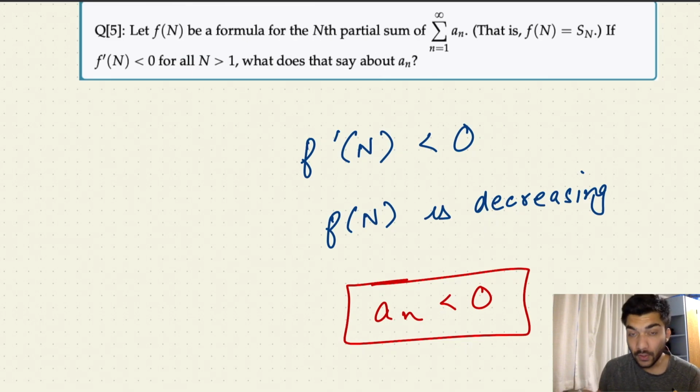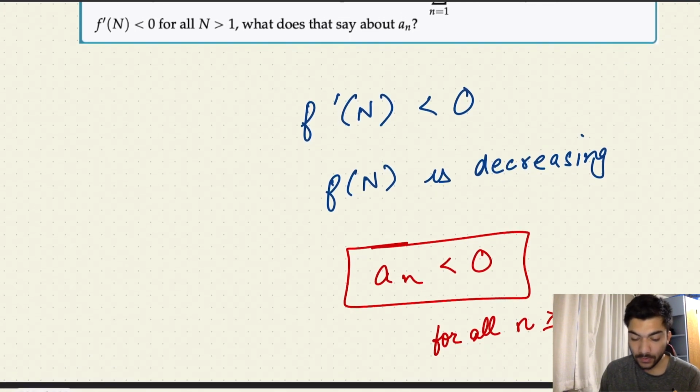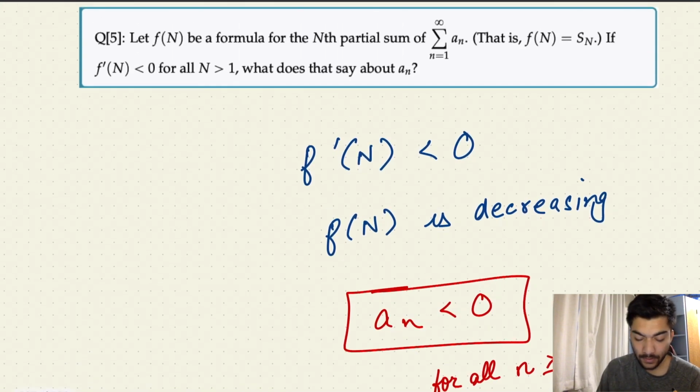If we know our sum is decreasing for all values of capital N when we have at least two terms, we can only say the sequence is negative for all values of small n greater than or equal to 2, because the sum is decreasing for all capital N greater than 1.